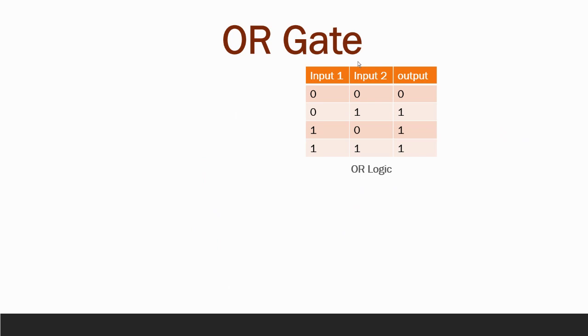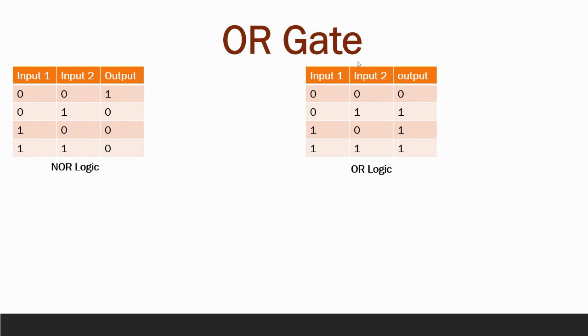The OR logic can be implemented with an OR gate, but an OR gate implementation can be complex. So we use a NOR gate to simplify the implementation of the OR gate. A NOR gate implements the NOR logic.